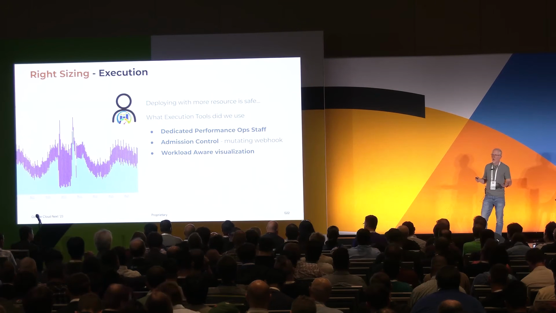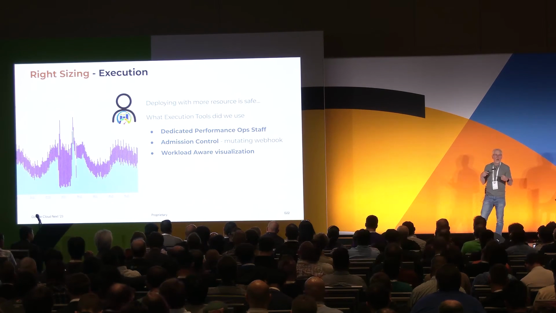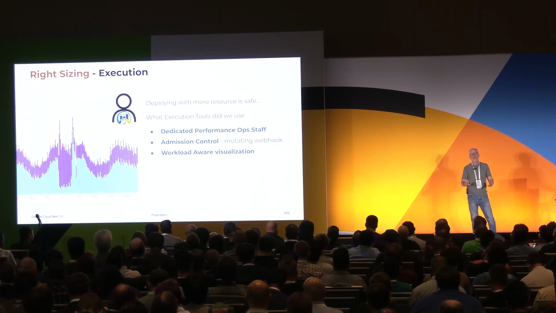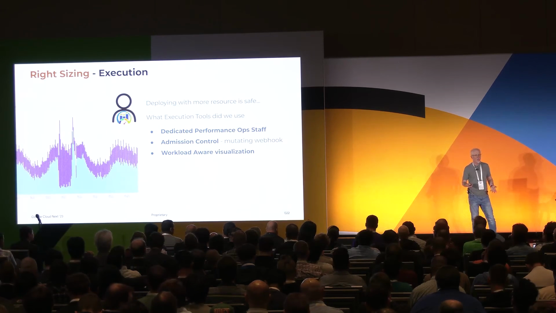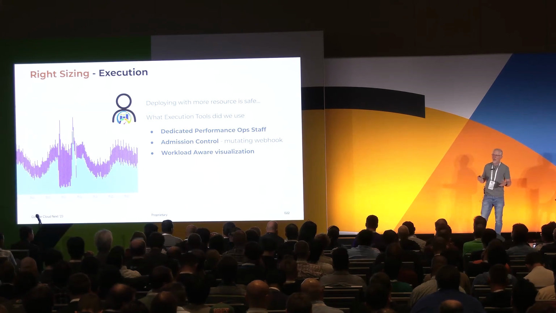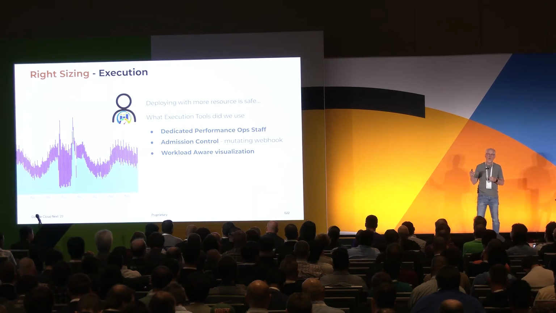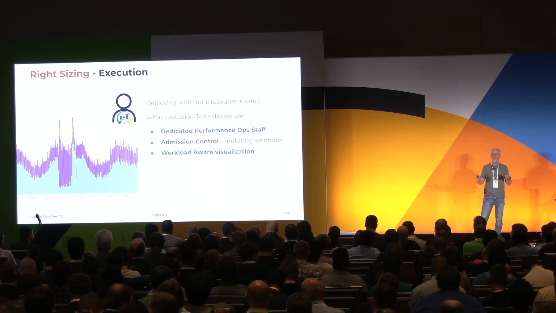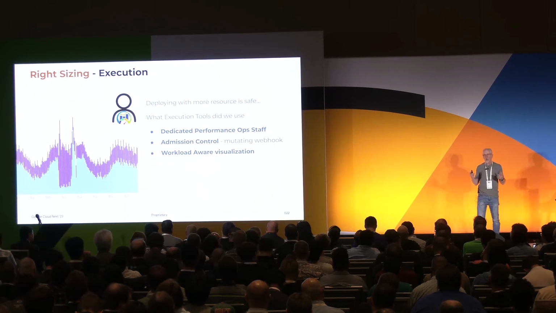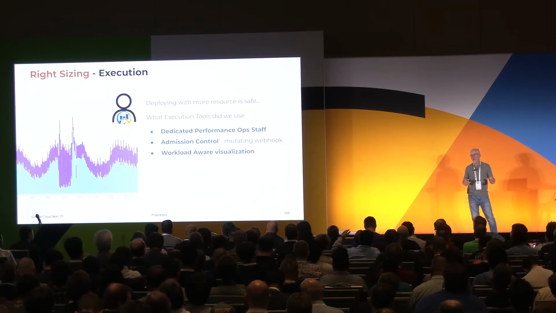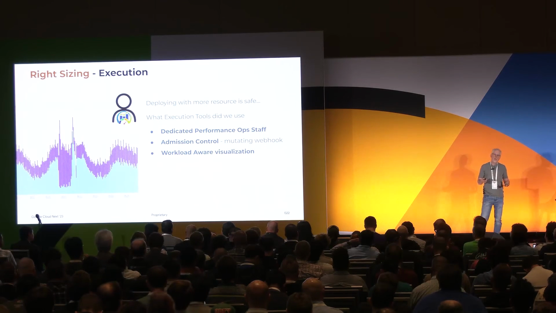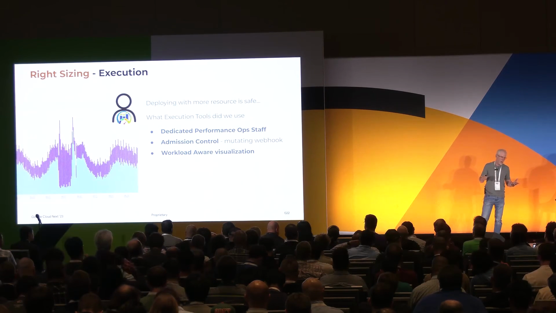Additionally, workload-aware visualization. How do we show development teams what their app is consuming? At Priceline, we are an active multi-region deployment. So I need to know what my aggregate of consumption is at any point in time and over a course of time so that I have a reliable set of metrics to base my decisions upon.